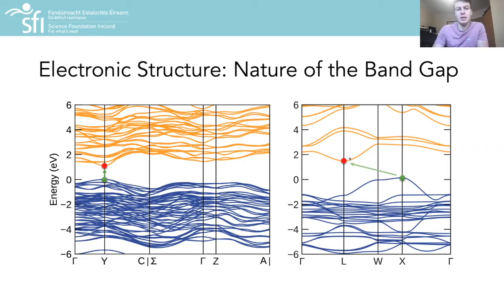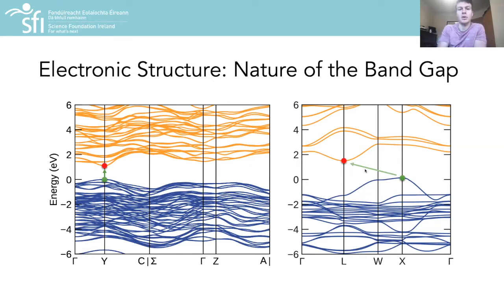However, if we have an indirect gap, to do this sort of diagonal transition from our VBM to a CBM located at a different point in reciprocal space, the electron needs to absorb both a photon to provide the upwards energy shift, but also a phonon, or a lattice vibration, to provide this momentum change or horizontal shift from X to L here.